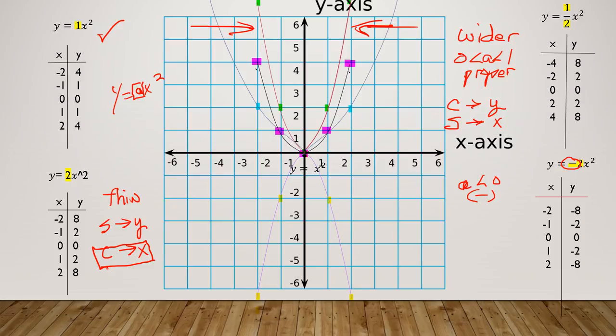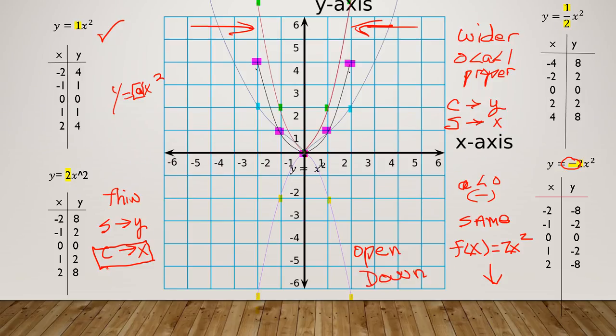Okay? So the only thing about A less than 0, you got to remember, it's the same parabola as f of x is equal to 2x squared, only it's going in the opposite direction. And when a parabola opens downward, that's what you say. This one is opening downward. You don't say pointing downward, you say opening downward.